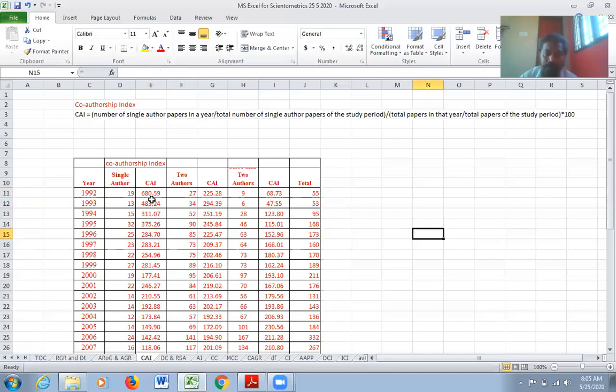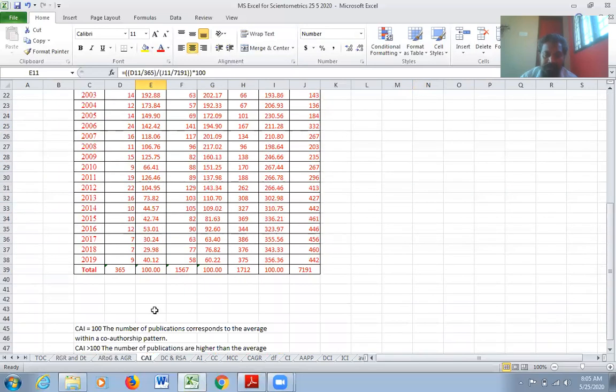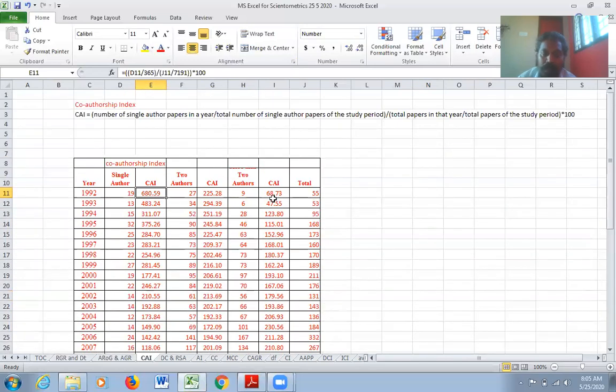The same way you can calculate it for all the years. Then you can go and calculate the co-authorship index for two authors. Here, instead of taking single authors, we take two authors: number of joint author papers in a year divided by total number of joint author papers in the study period, and the rest is the same. So this way you can calculate co-authorship index for all different kinds of authors.